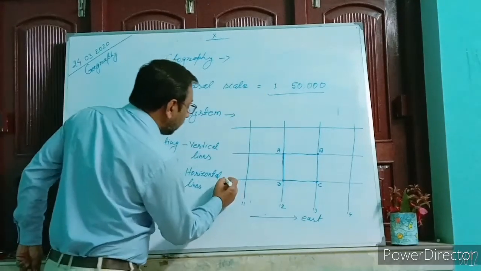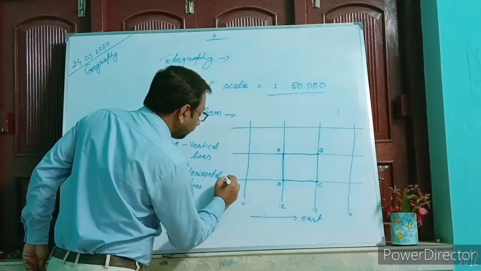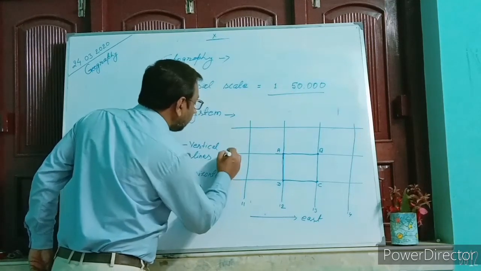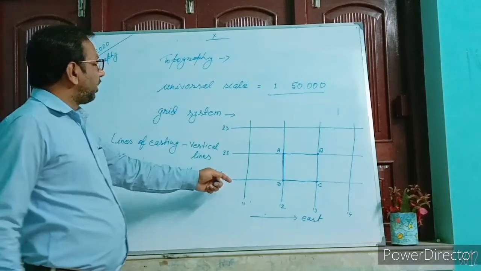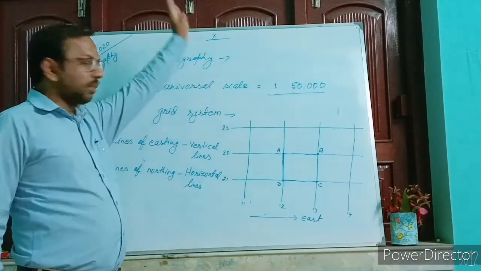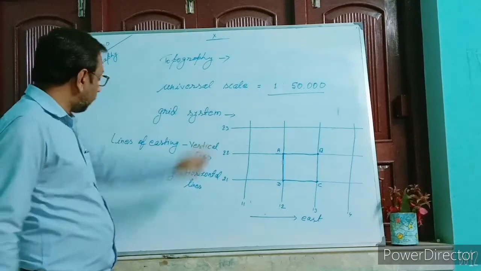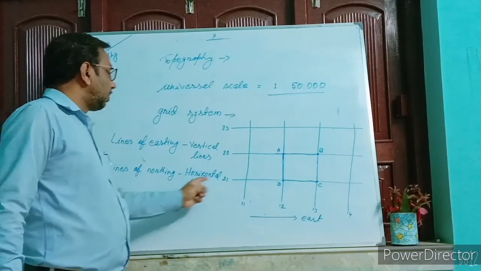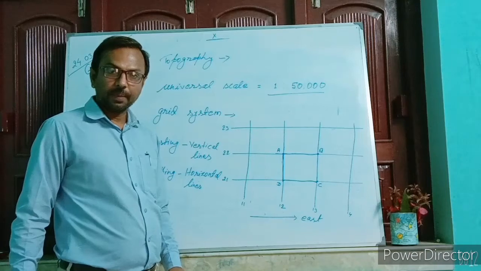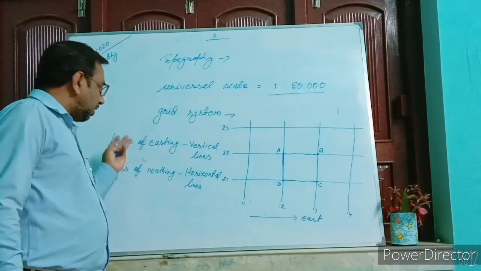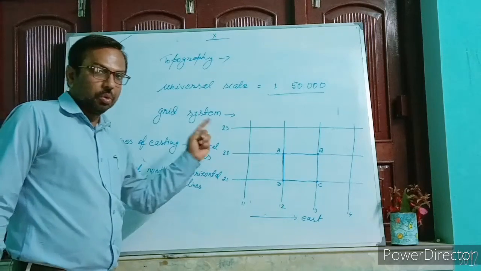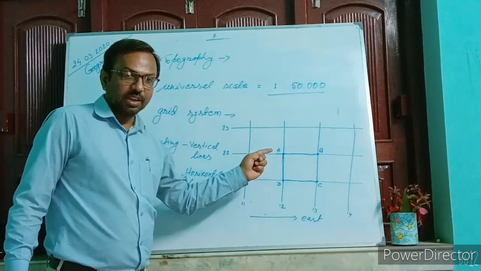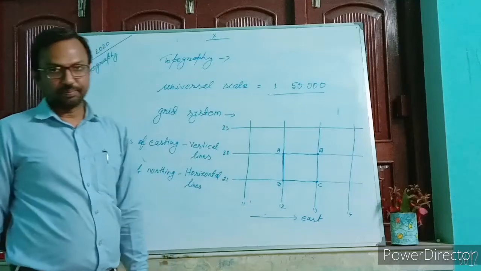Similarly, since the values of horizontal lines, 21, 22, 23, are increasing towards north, therefore these are called lines of northing. These two lines play a very important role to locate the places in any particular grid.